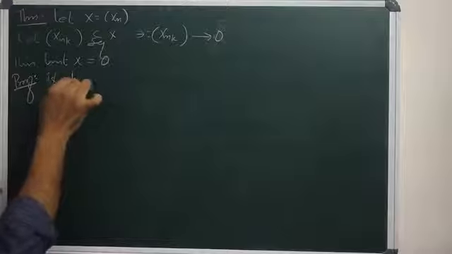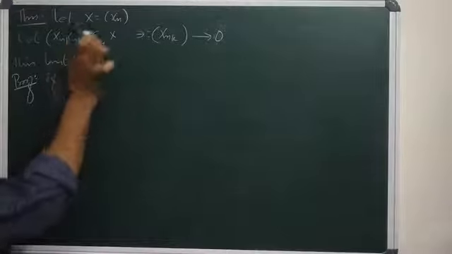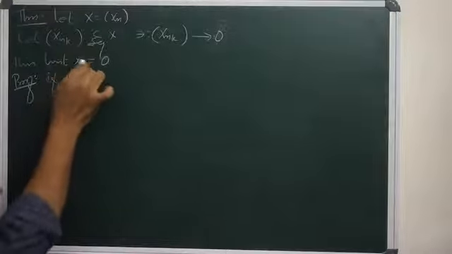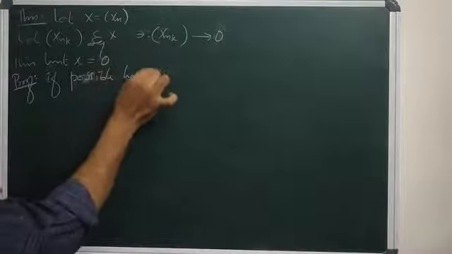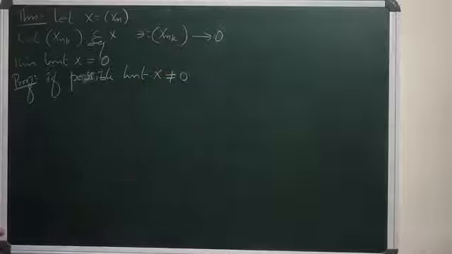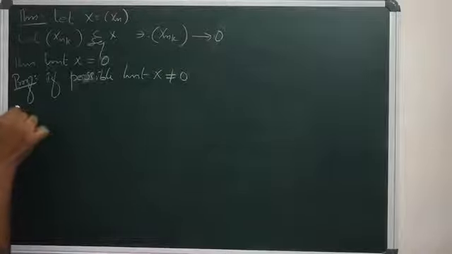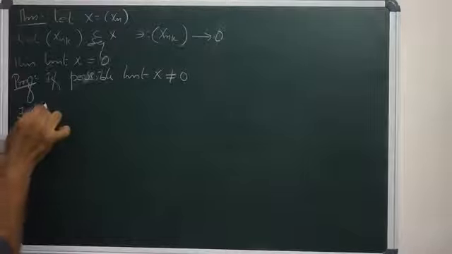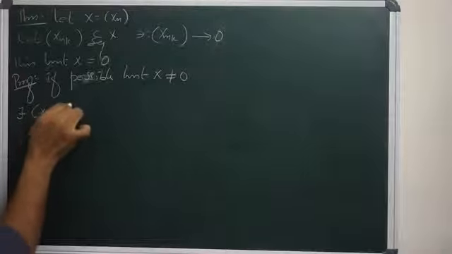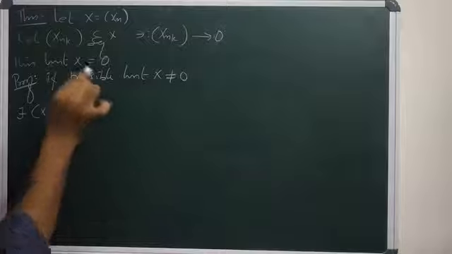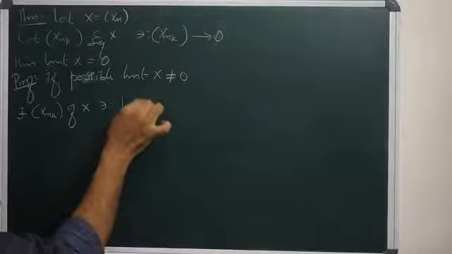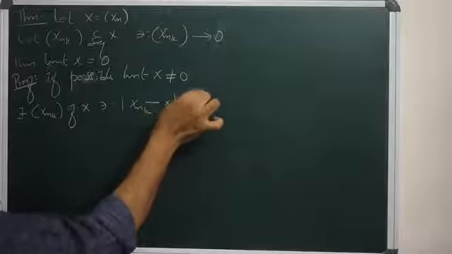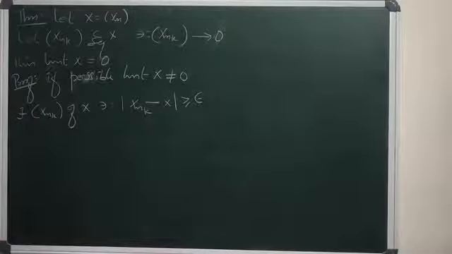If possible, suppose limit x differs from 0. Limit x differs from 0 means there exists a subsequence (xnk) of x such that modulus of (xnk) minus x is greater than or equals epsilon.